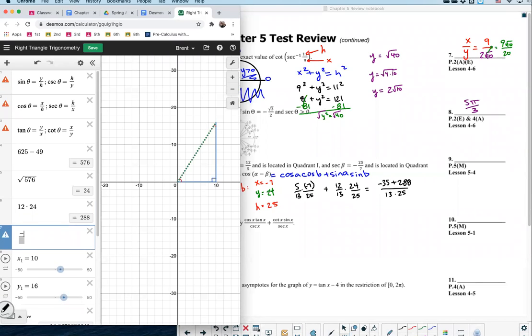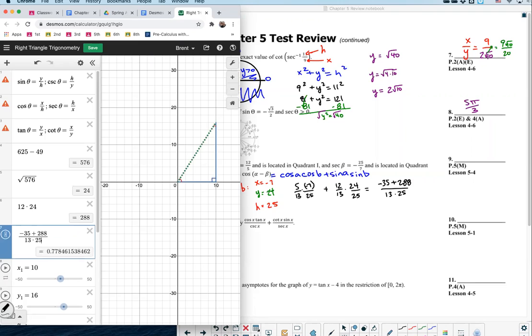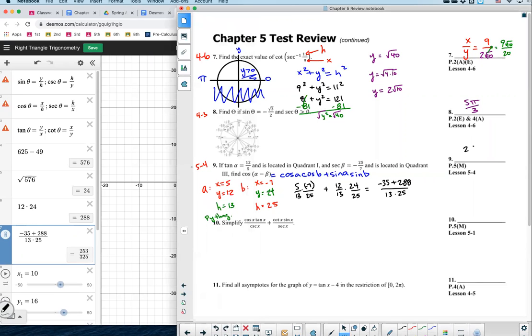Negative 35 plus 288 over 13 times 25. As a fraction, that would be 253 over 325. That is cosine of alpha minus beta, it would equal that number right there.